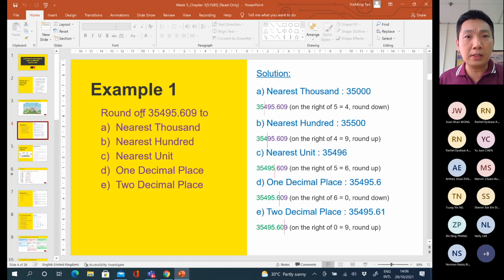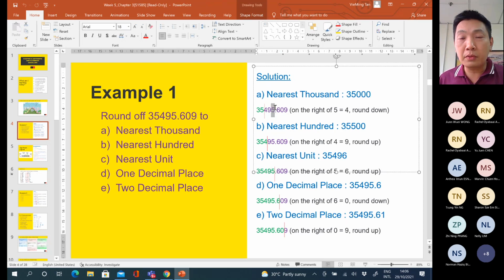Let's say we have this number, 35495.609. This is the number that we want to round. Part A: you are asked to round the number to the nearest 1,000. That means we need to identify which digit is the 1,000 digit. This 5 is the unit digit.